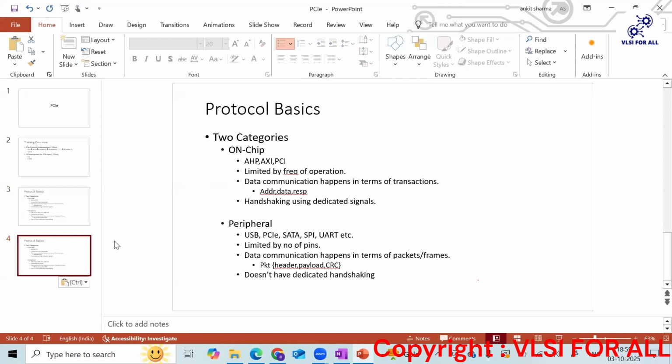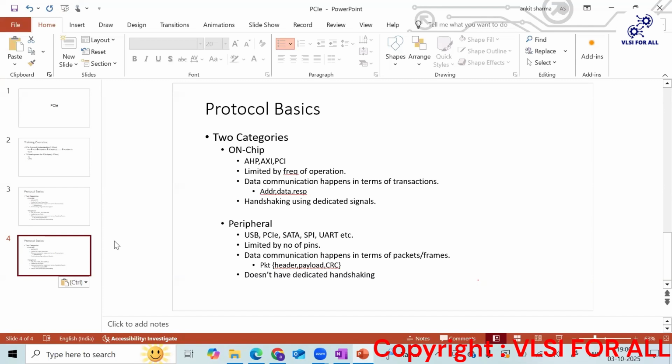what are the advantages and disadvantages you feel in on-chip and peripherals? Then I will go ahead, and in a similar way we'll discuss the difference between parallel and serial, then move to serial, followed by PCIe.